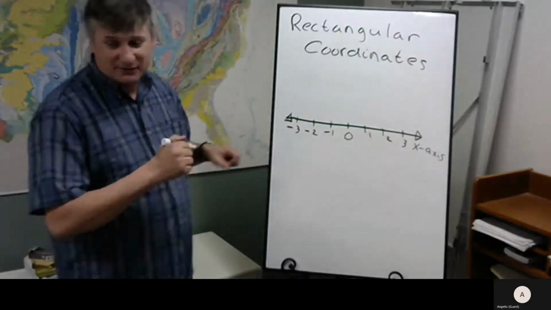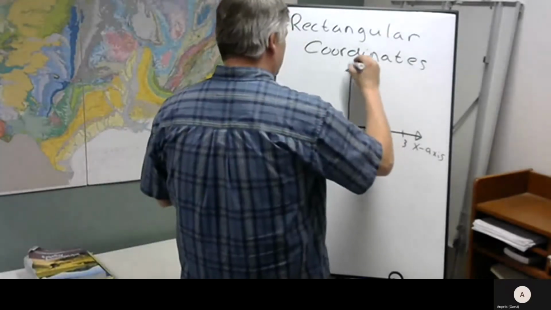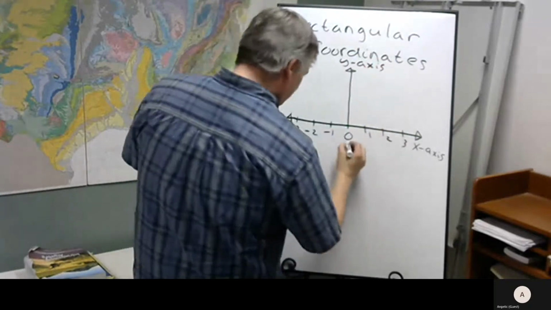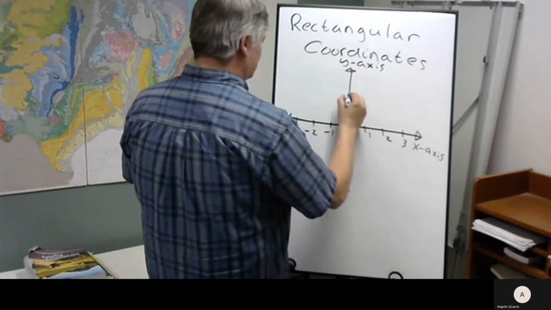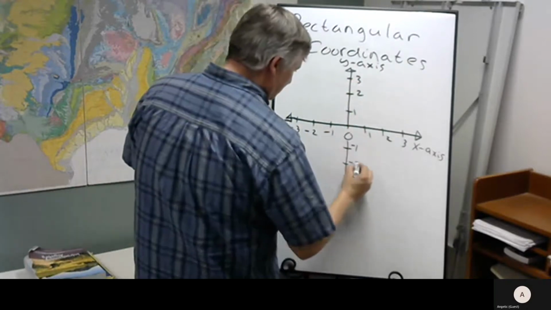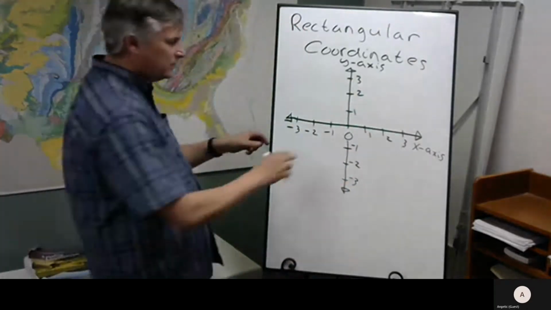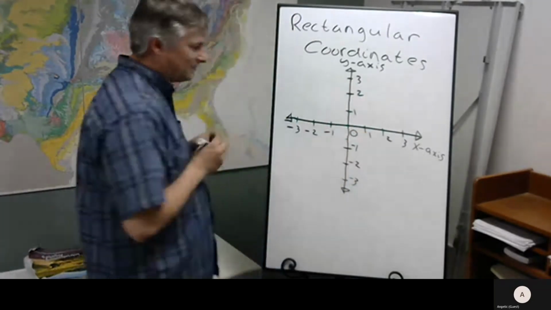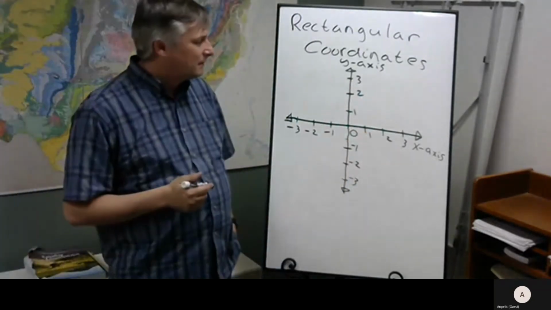Then you have another axis. It's the vertical y-axis. And it's the same type of number line. It's just vertical. In fact, I'll move 0 over here so it's not in the way. But just a vertical number line.